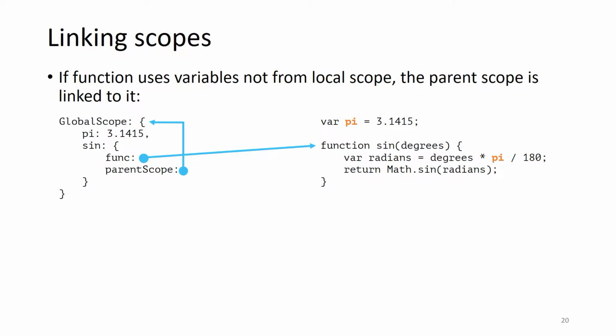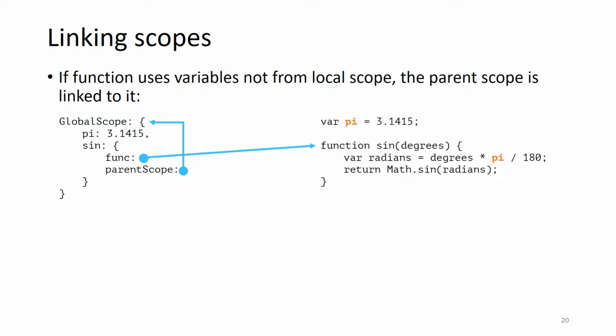So, if this scope was the global scope, we create the variable pi in global scope, and then we create the variable sync in the same global scope. And the sync variable is represented by basically two parameters: the function to execute and the scope it was created in. And the parent scope always points to the scope the function was created in. So here the parent scope is just a link to global scope.